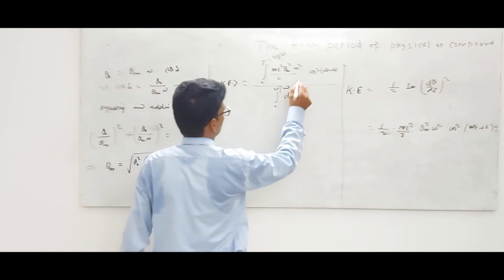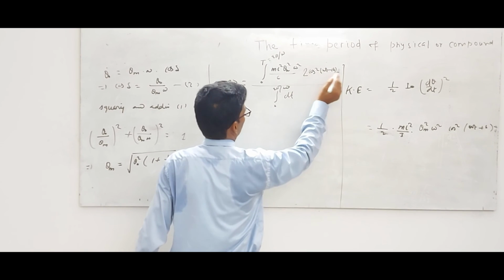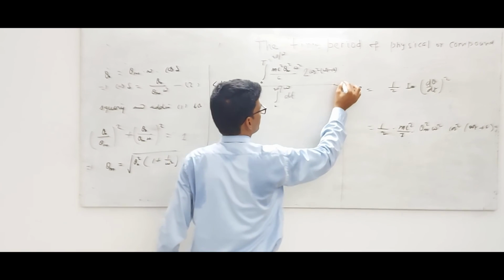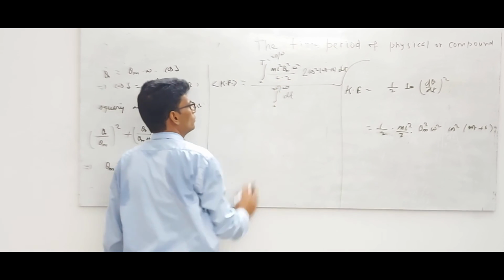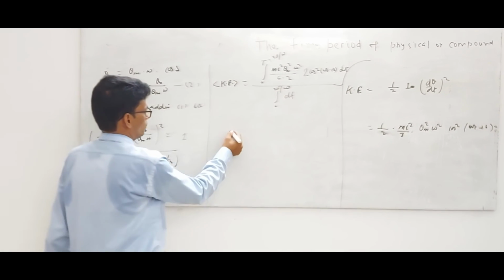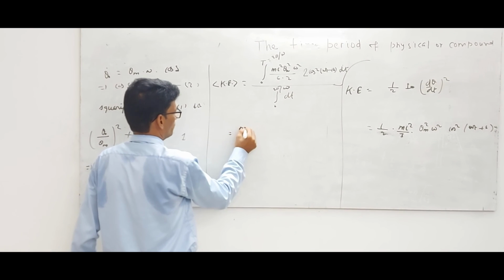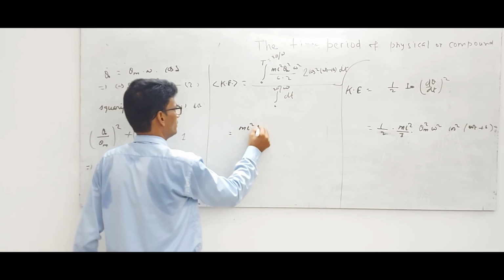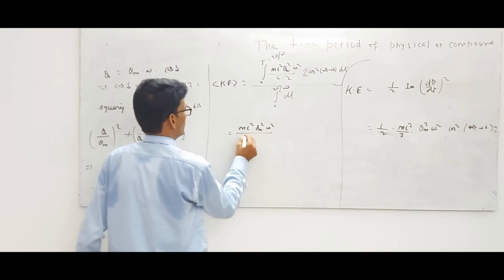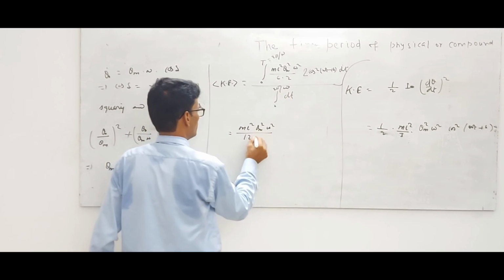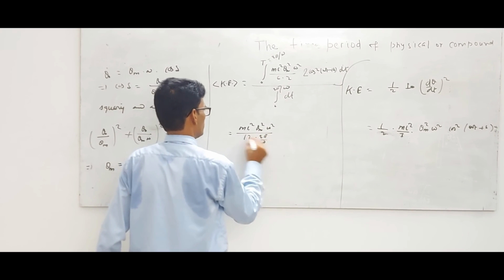So doing that, make it here multiply and dt as well. So 2 and here is the 2. So take the constant out: ml square theta maximum square omega square over 12, and this is 2 pi over omega.